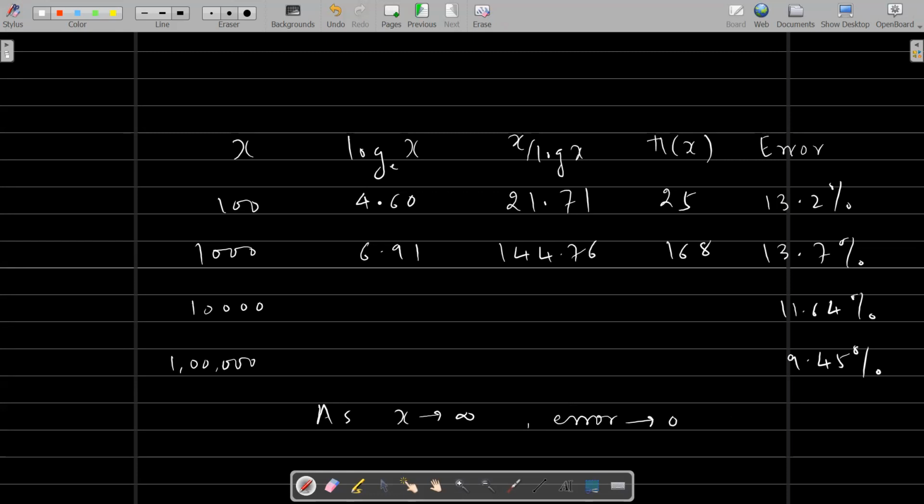Or pi x is very, very close to x by log x. The error goes to 0, so pi x goes to x by log x.